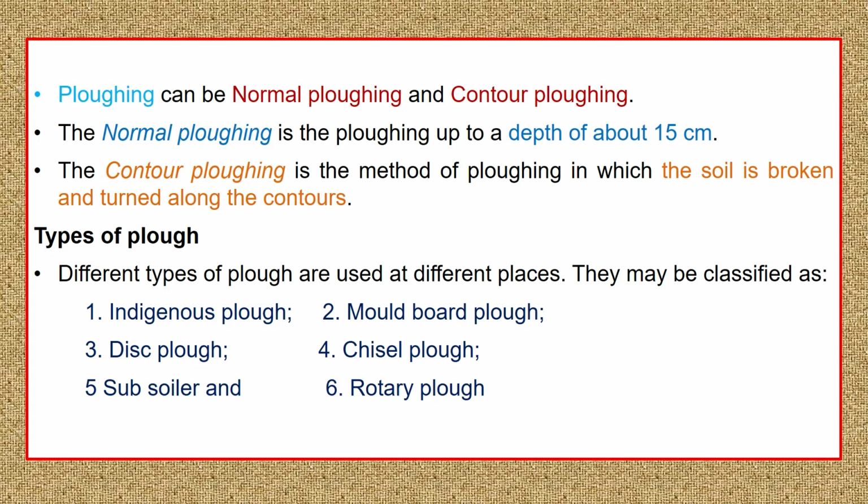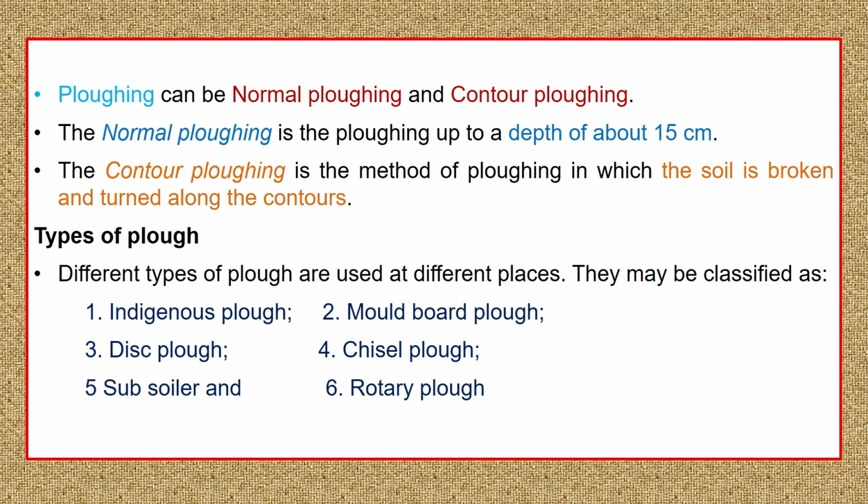When the ploughing is done to more than 50 centimeters, it is called deep ploughing. That is rarely performed, once or twice in a year, whereas normal ploughing is always performed whenever ploughing is done.